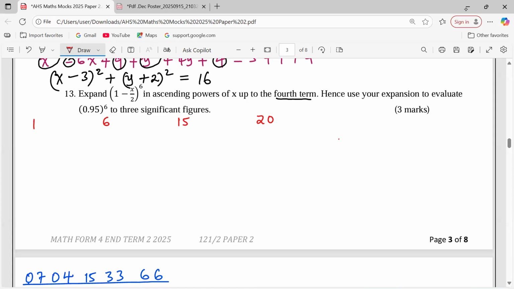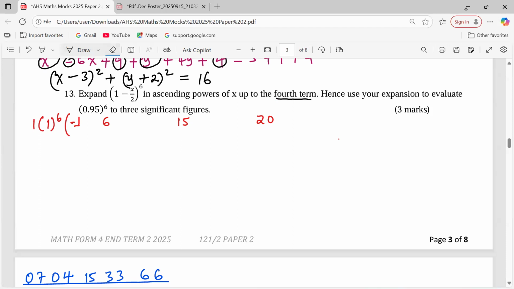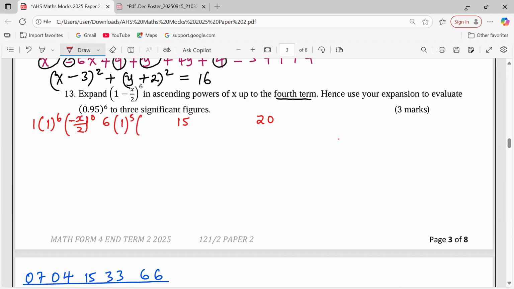Then now we start by saying 1 is power 5, then negative x over 2 is to power 0. In the next term, 1 takes power 5 and negative x over 2 takes power 1.